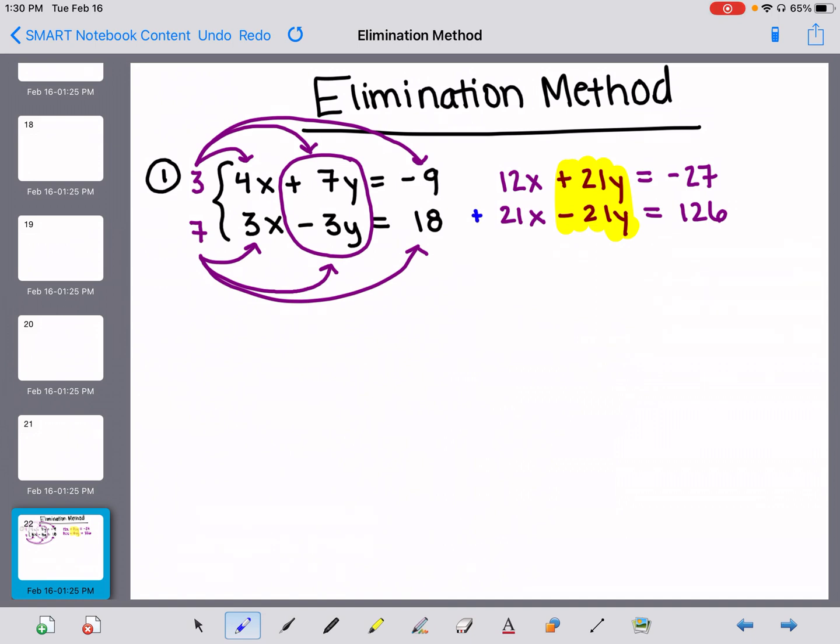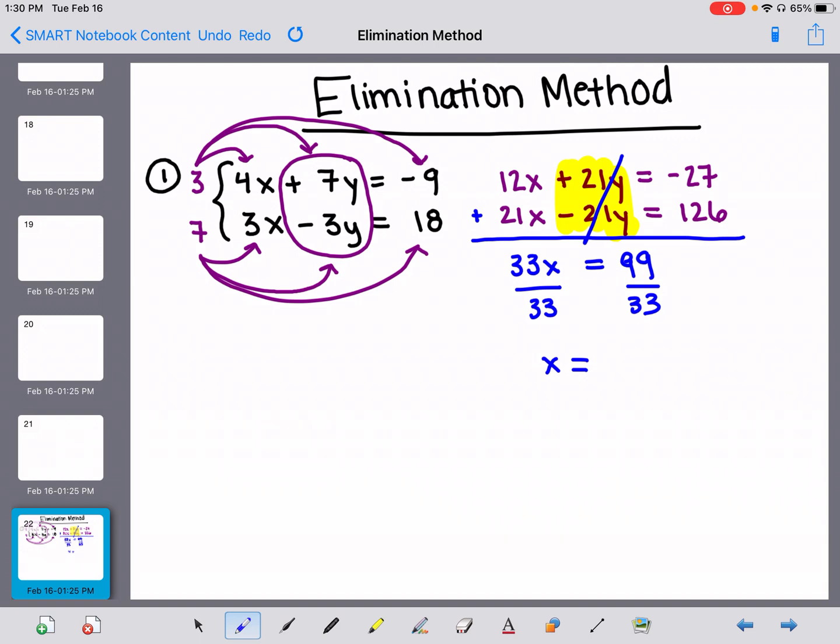I'm going to go through this step kind of fast. So go ahead, pause the video and try the problems for yourself, and then you can come back and see if the work is right. Once I get this x equals 3 answer, I'm going to put it into any of my original equations.